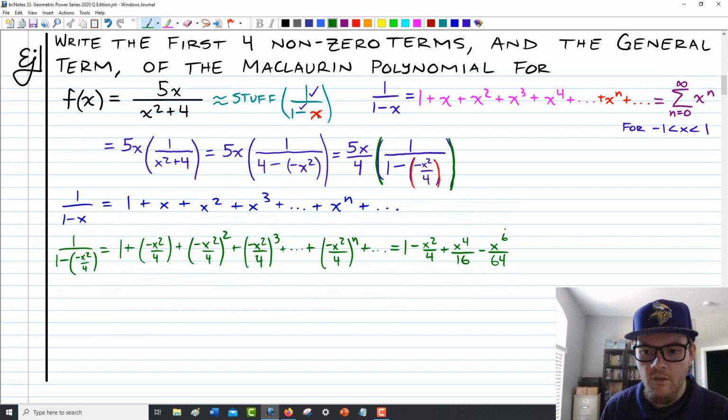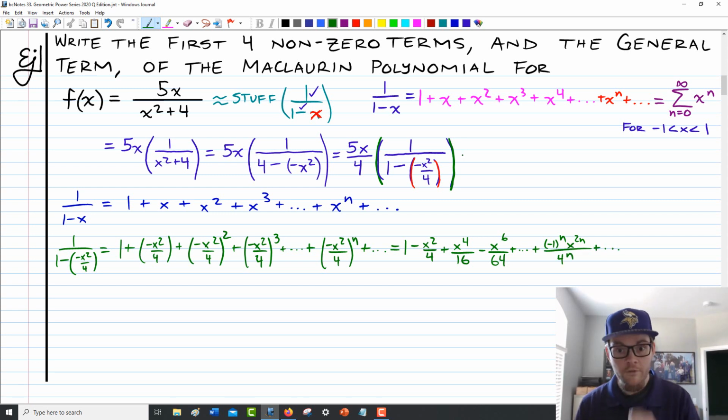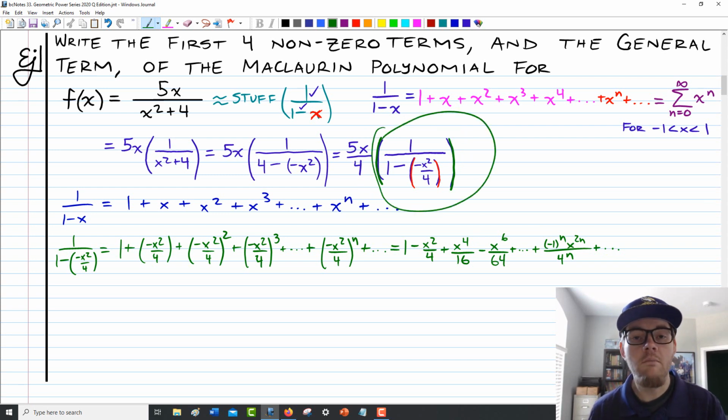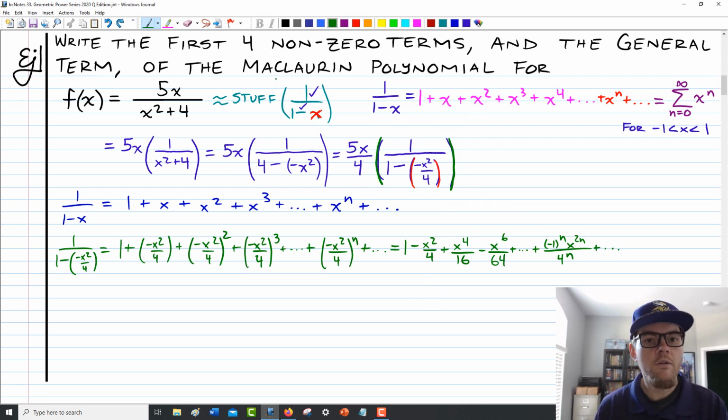And then finally our last little bit, plus dot dot dot. For the last one, we'll have negative 1 to the n, x to the 2n, divided by 4 to the n. So there is the power series for the portion in green up here. Just the portion in green. I did a bad job circling it. Now, in order to finish this off, though, we have that part. What we want to finish this with is, of course, multiplying by the other spot.